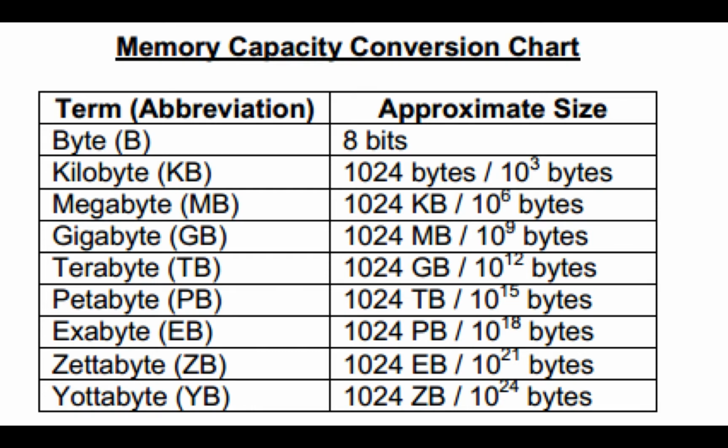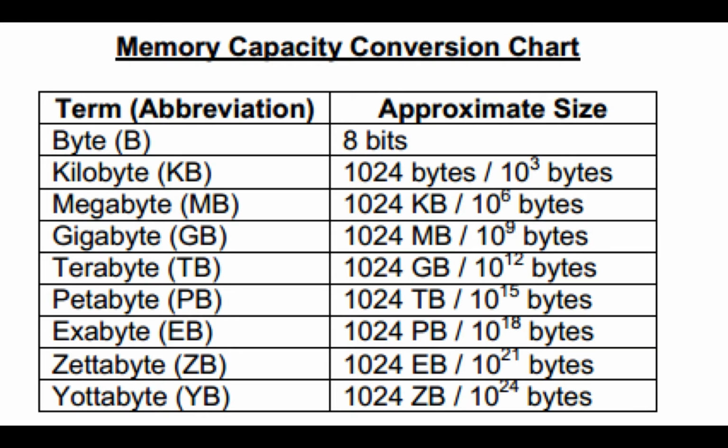Storage capacity and reading-writing speed are the main characteristics of any storage device. There you can see bits, bytes, KBs, MBs, GBs, TBs, PBs, EBs, ZBs and YBs. YB is the biggest storage unit of information. Bit is the basic unit of information, the smallest unit of information.